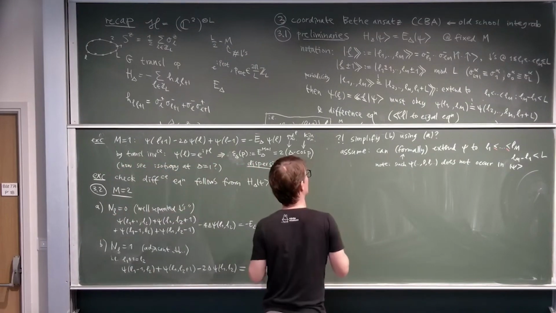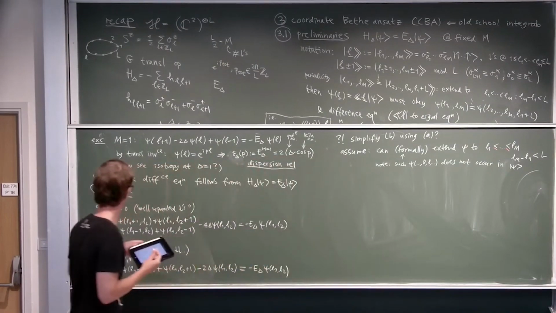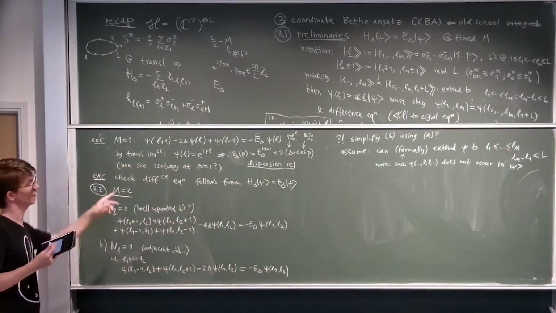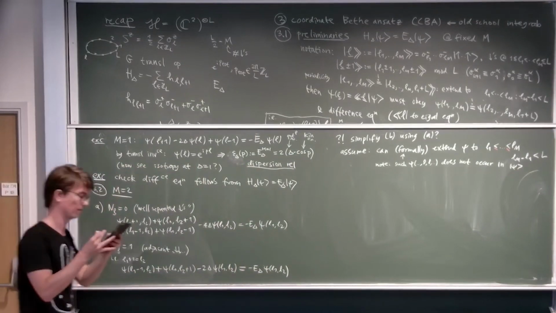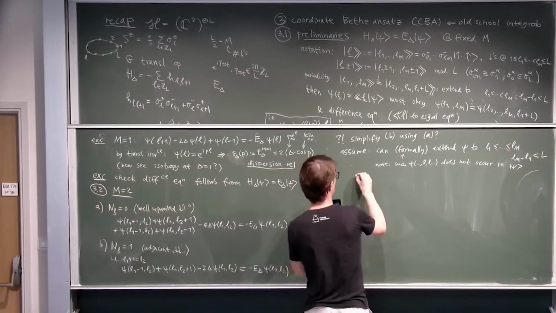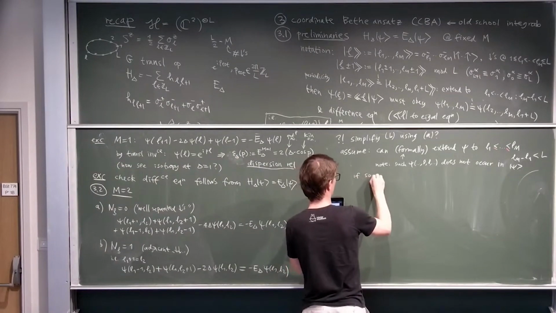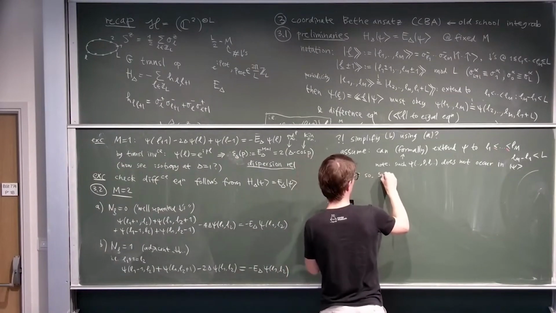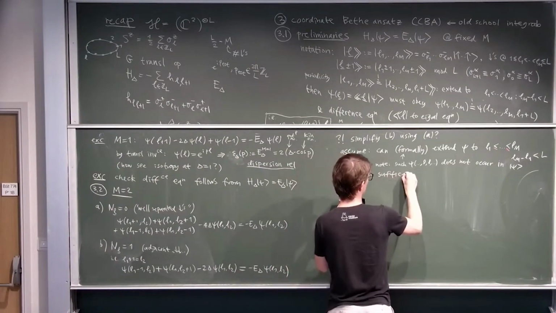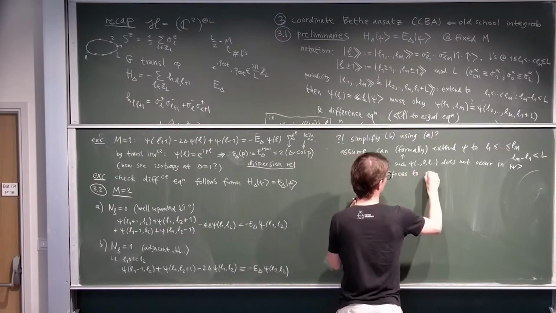So if we are allowed to do this, then let's say that we're able to solve one of these equations for the more general wave function. So it suffices to solve the following equations.